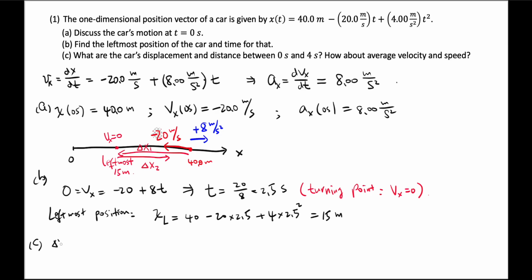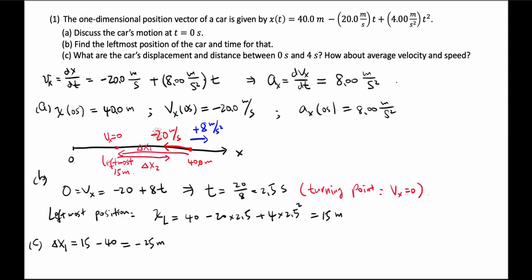So delta x1, this displacement, is given by 15 minus 40, right? 15 is the final position, 40 is the initial position. So the first displacement is negative 25 meters. The negative sign means that the displacement direction is to the left.